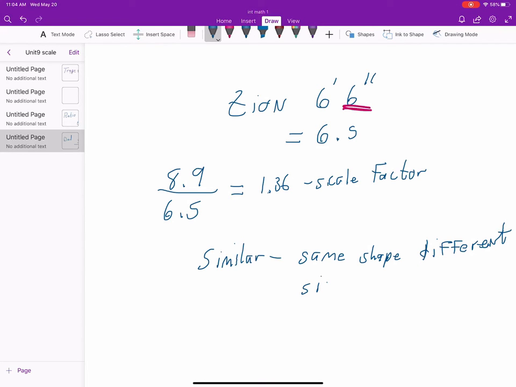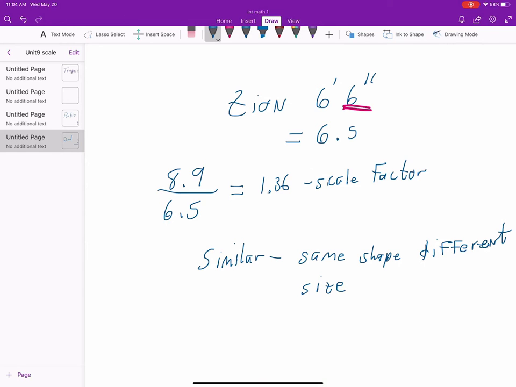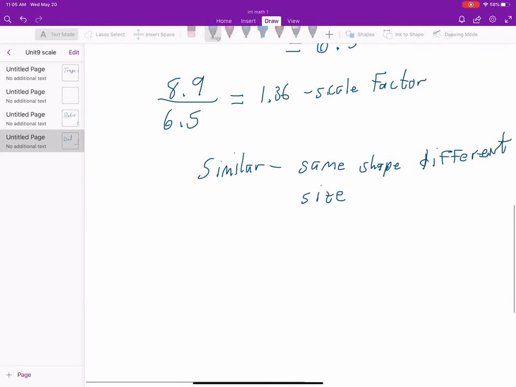I'm trying not to make the writing tap so much for you guys. Same shape, different size. So if they are similar, then that means they should have the same scale factor no matter what. All right, remember we were talking about that model idea.